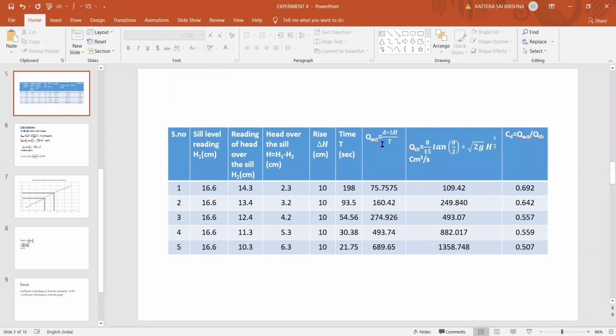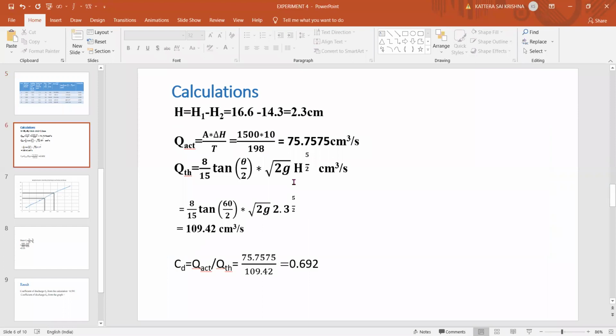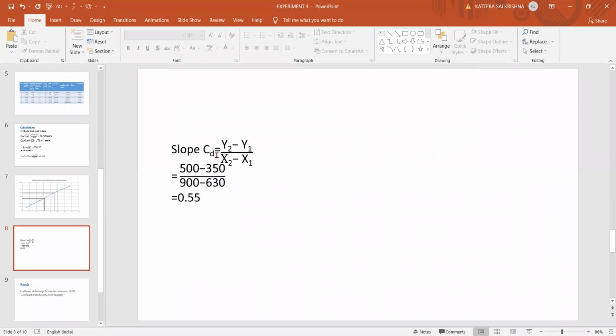That's why we are taking Q actual on the y-axis and Q theoretical on the x-axis. Are you able to understand what I'm telling from the graph?